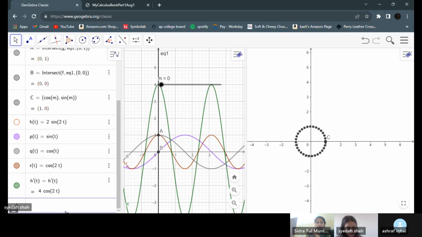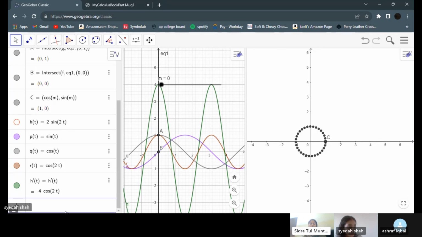So one thing. When you first took the derivative of sine of 2t, it was 2 sine 2t. And then when you took the derivative of it the second time, what is the answer now? 4 cosine 2t.